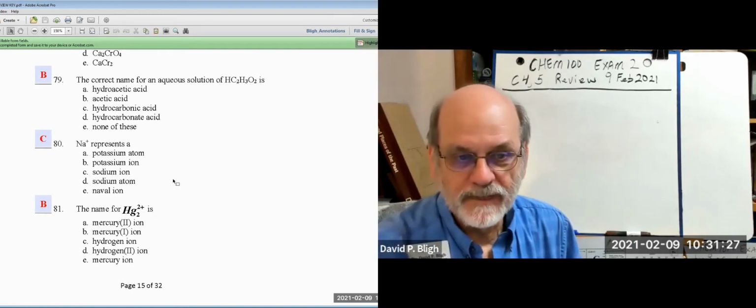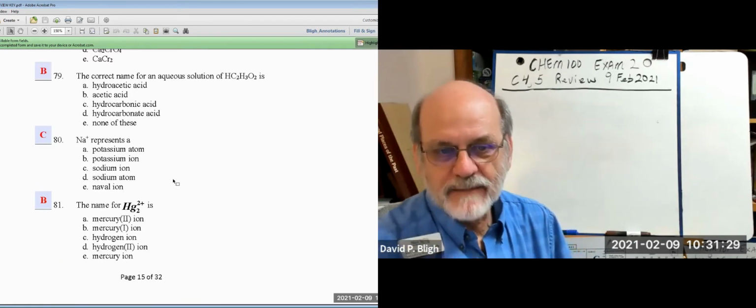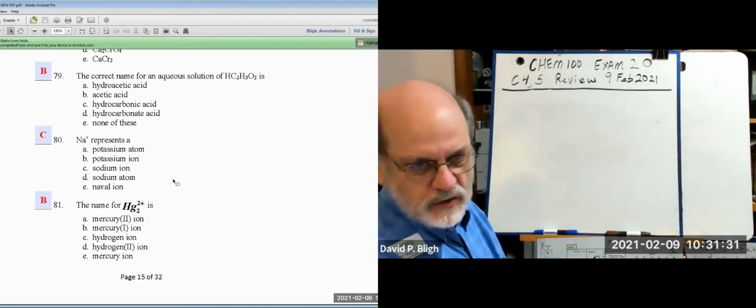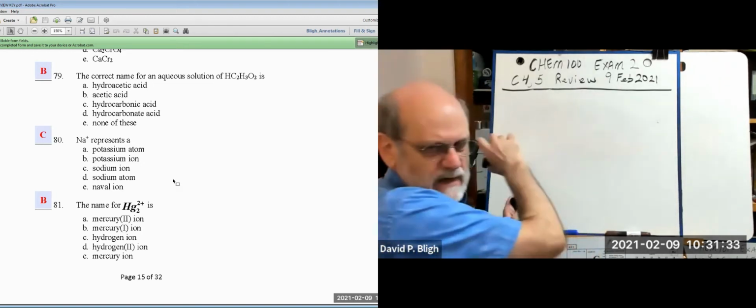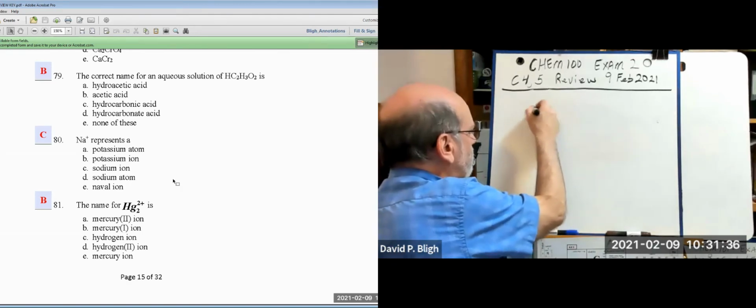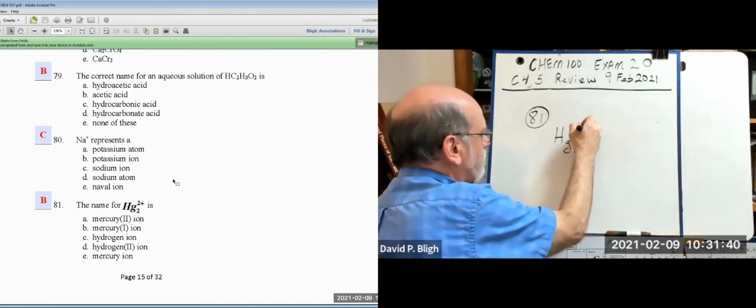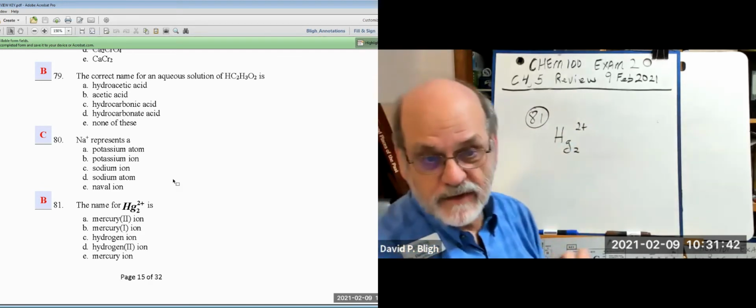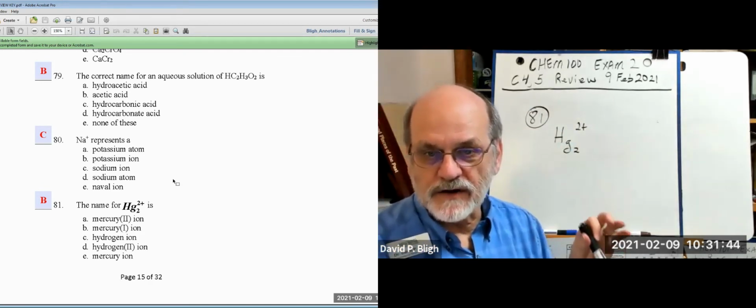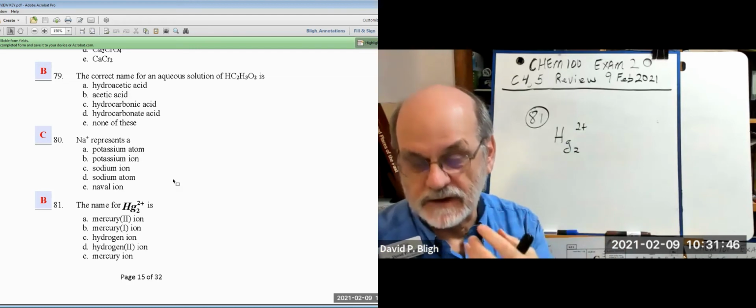Okay, 81. All right, the name for this ion, Hg2 2 plus. I gave you this one because Mercury is different. It's weird.